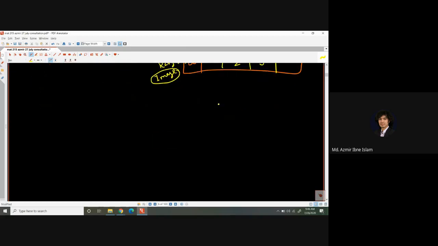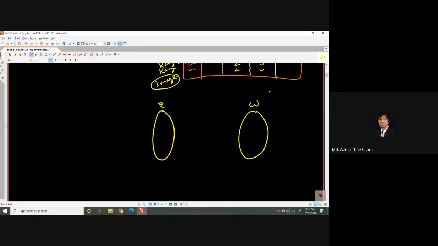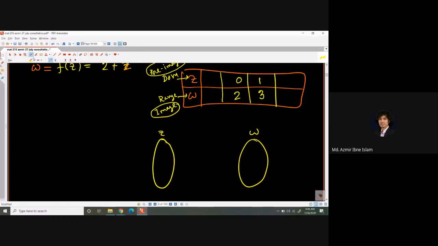So the same thing we can do here. That is, this is the domain z and this is the range w. So we are inputting 0 and the output that we have here is 2. For 1 we are getting 3.